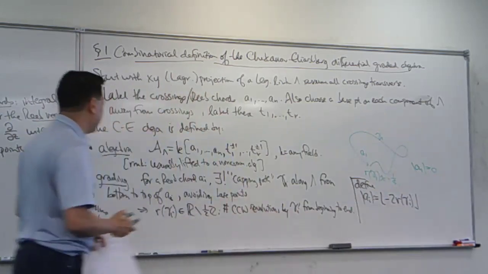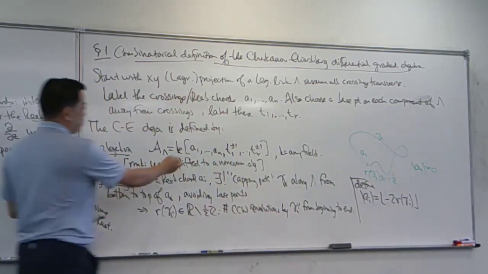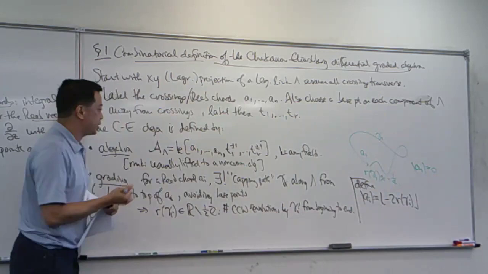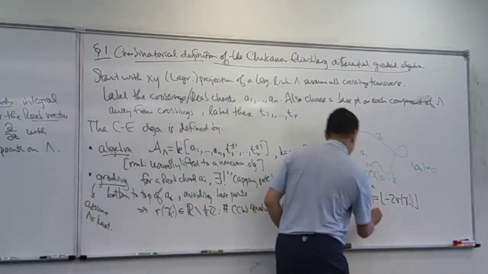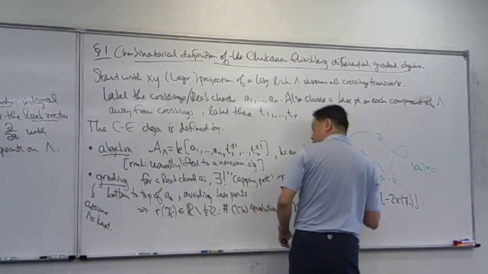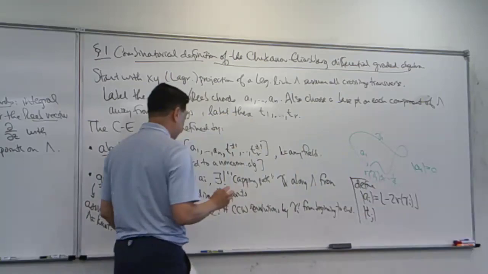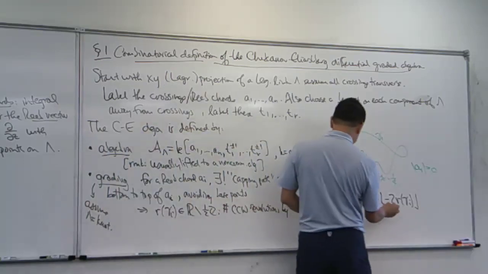So this works to grade all of the A_i, and then the t's. I was assuming that lambda is a knot, but for this part I'm going to state it more generally.